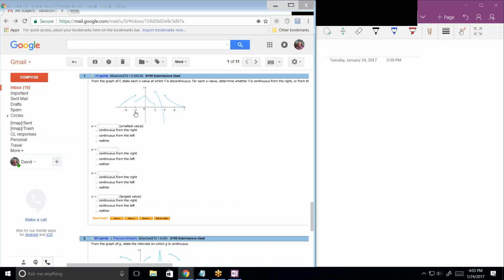Oh, okay. So when I say starting from the left, this top one says smallest value, the fourth one says largest value, so they definitely want to go left to right. Okay. And continuous from the right or continuous from the left or neither, that's neither.